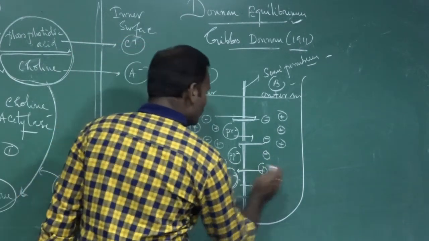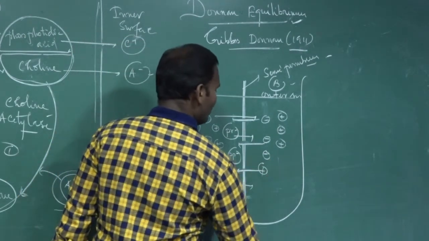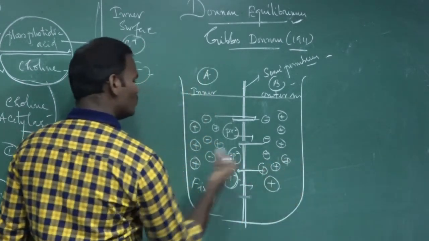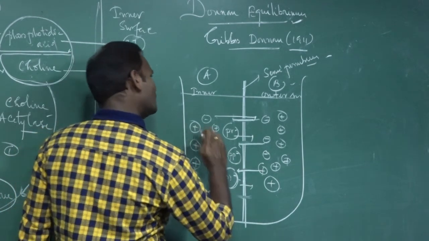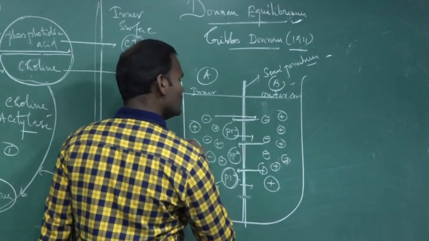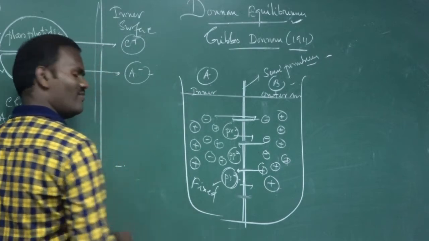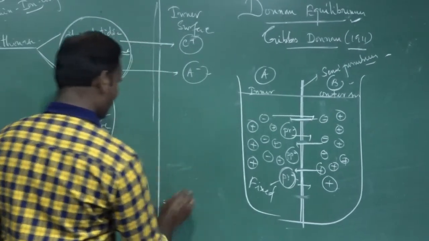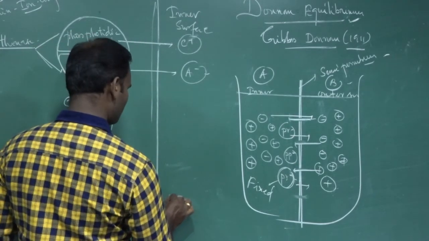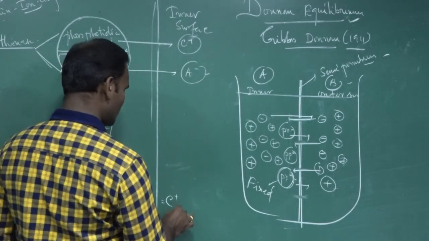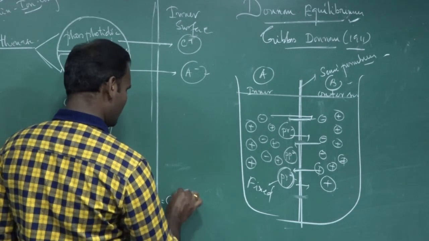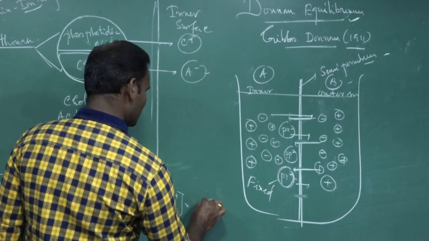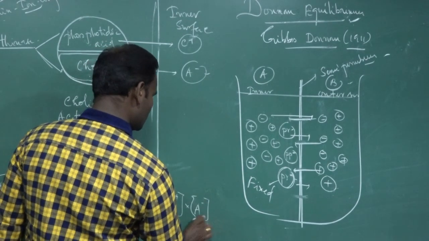So how do they move until the equilibrium is maintained? The same number of positive and negative charged ions are present on both the inner surface and outer surface, maintained by the phenomenon called Donnan equilibrium. So the Donnan equilibrium is easily calculated. For example, cations, positively charged ions present inside, and anions, negatively charged ions present inside.